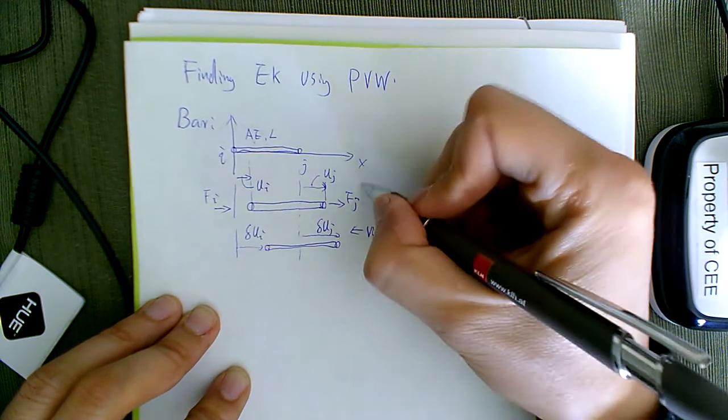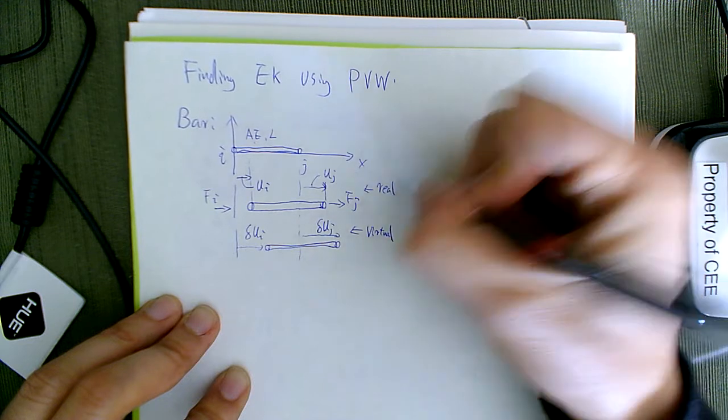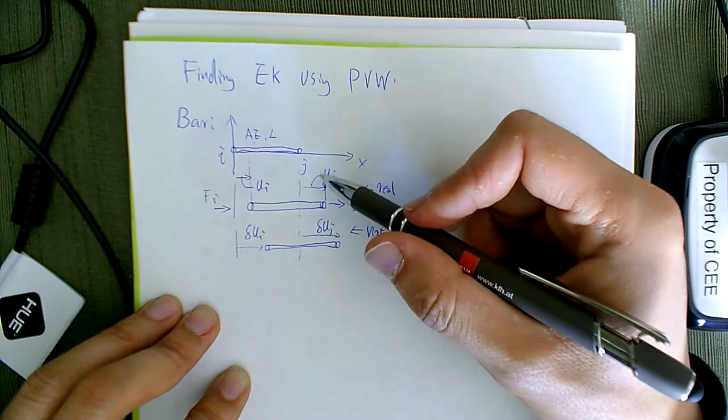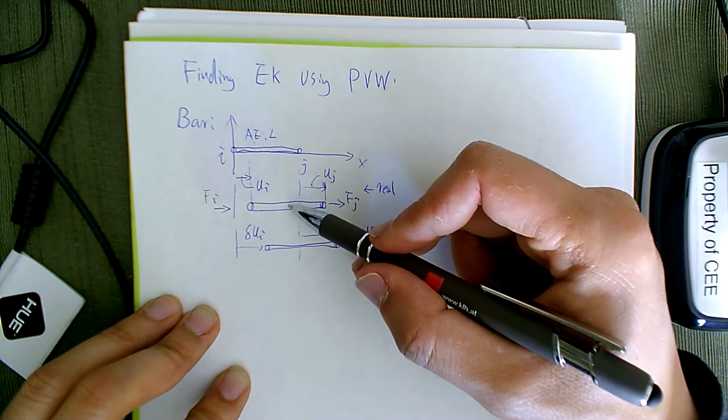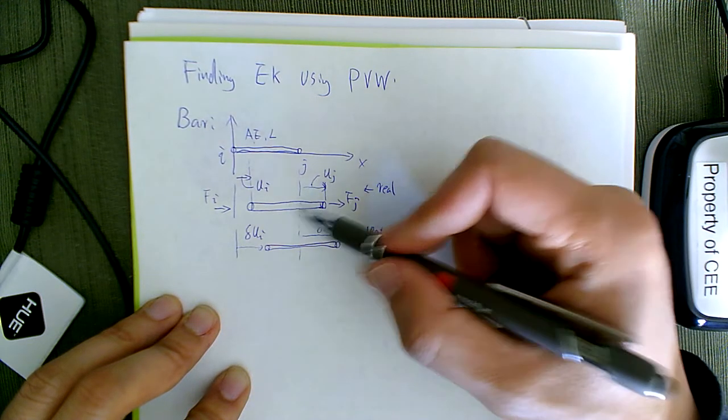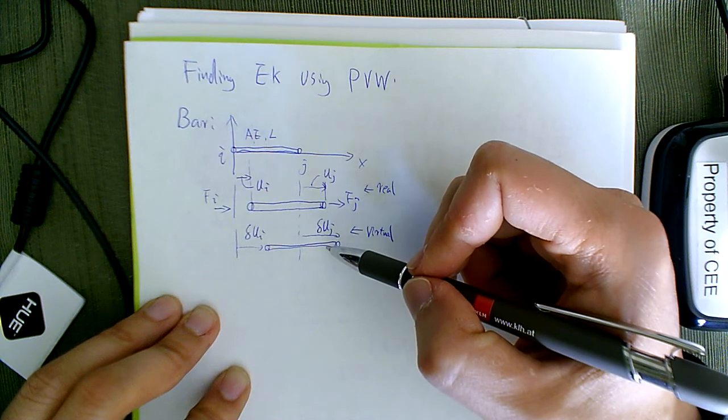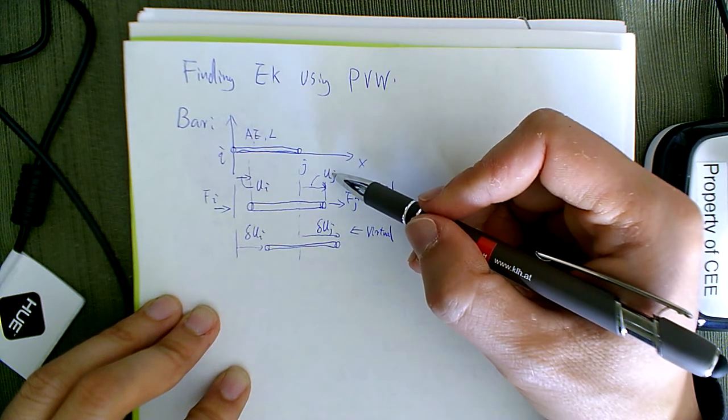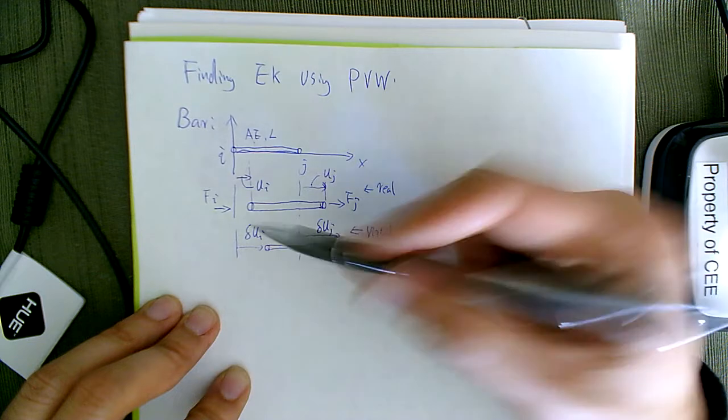They can be anything. This is real. It's going to have real force, real displacement, real strain, and inside it some real stress. So we want to establish a relationship between those two and those two.